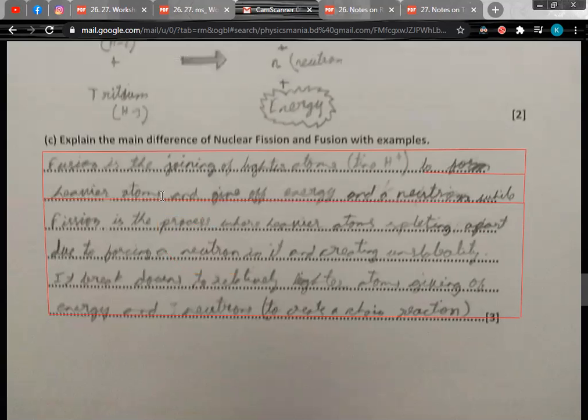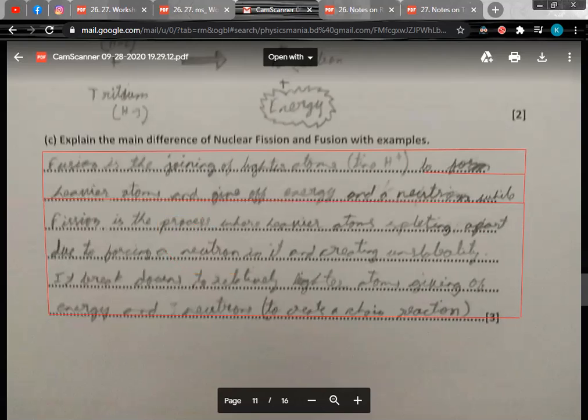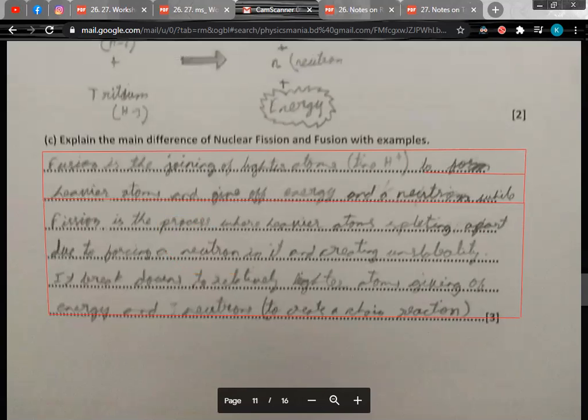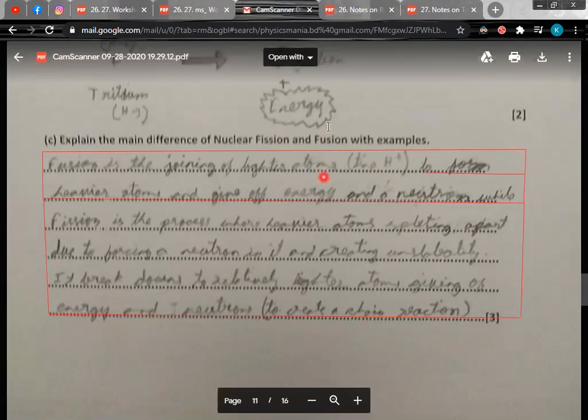Now what we have to do? You bring the examples. What you did not do is bring the examples. Like in your example, you can bring the idea of fusion happening in the sun and stars, right? Yes, sir. You wrote it.